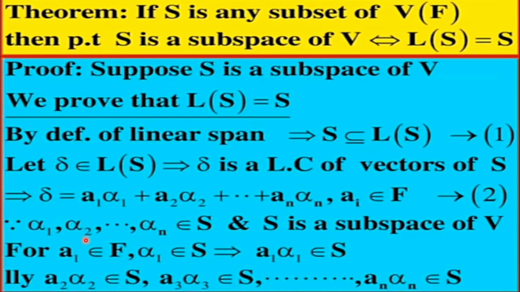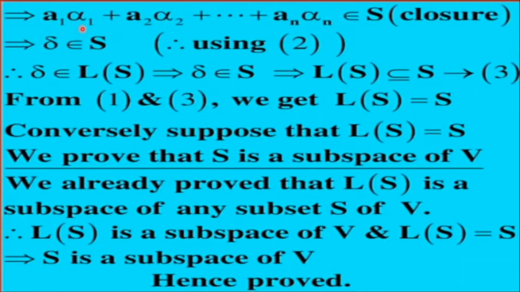Since alpha 1, alpha 2 and so on alpha n are elements of S and S is a subspace of V, for a1 belongs to F, alpha 1 belongs to S, a1 alpha 1 belongs to S. Similarly, a2 alpha 2 belongs to S, a3 alpha 3 belongs to S, and so on, an alpha n belongs to S. That gives a1 alpha 1 plus a2 alpha 2 and so on, an alpha n belongs to S by closure law. That gives delta belongs to S using equation 2.